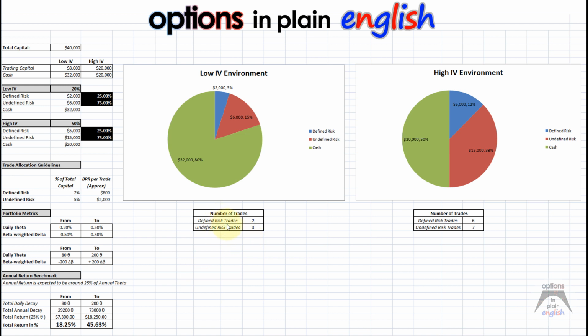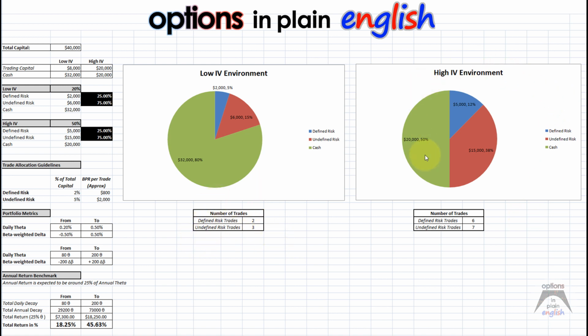Okay, so we could assign 2 defined risk trades and 3 undefined risk trades. So we can have, for example, here a short call spread and a short put spread. And undefined, we can have a strangle, and we can have a short call and a short put. And that's it. That's our portfolio. And then we are going to apply our rules to take the trades off based on whether we want to adjust them, we want to roll them, we want to take them off, we want to close them. So, but now we have a bird's eye view of your whole portfolio.